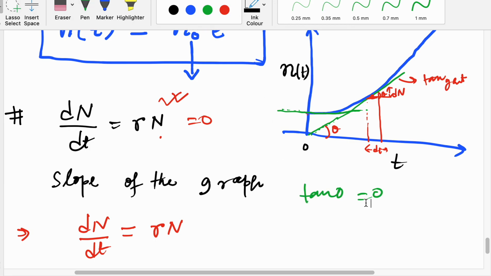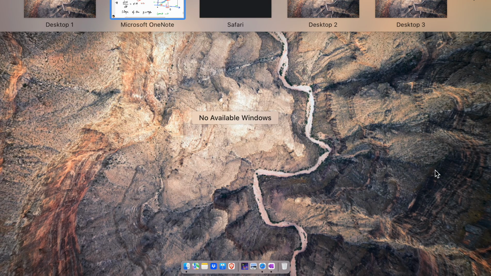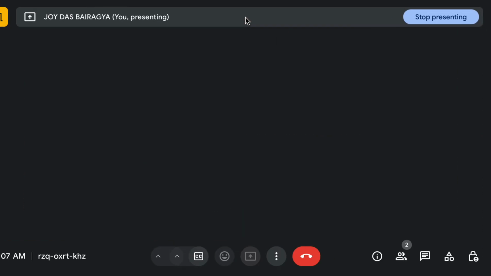So this graph is showing the correct thing; it actually follows these equations. At 0, its tangent is 0, and if we go to infinity, it will look like this. Then the tangent will become like that, making an angle of 90 degrees.